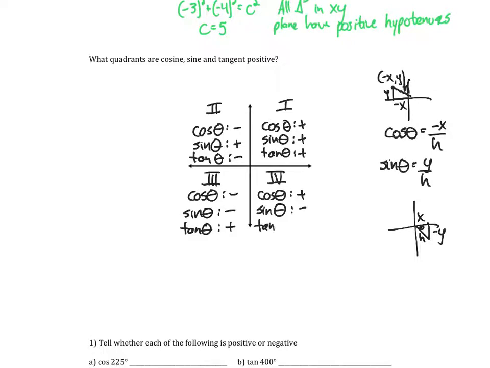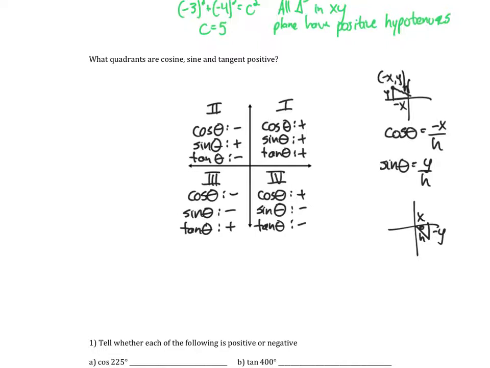And then tangent, which is opposite leg over adjacent leg, would be negative y over x. That would have to be negative. Okay, so there you have your positive and negative signs for the 4 quadrants, for the 3 trig ratios, and again, you know the reciprocals will follow the same thing.